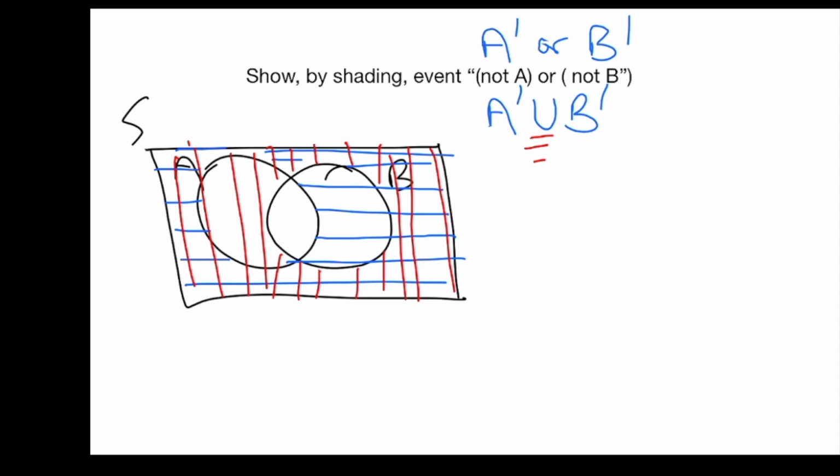So when we say A or B, we mean A or B or both A and B. But in this case, it's A complement or B complement, which means A complement or B complement or both A complement and B complement.